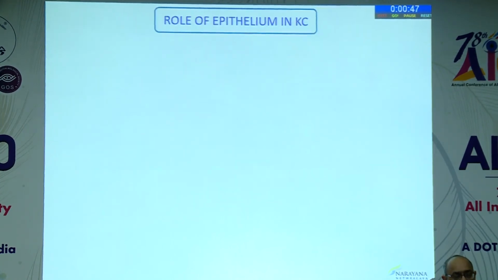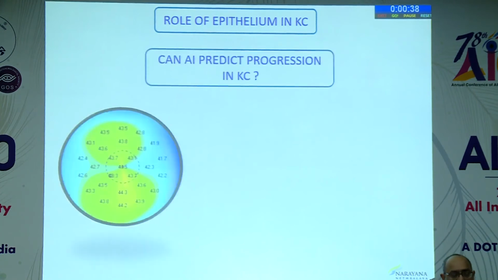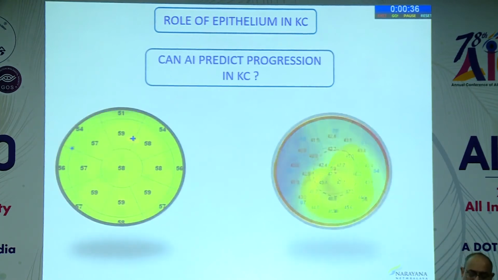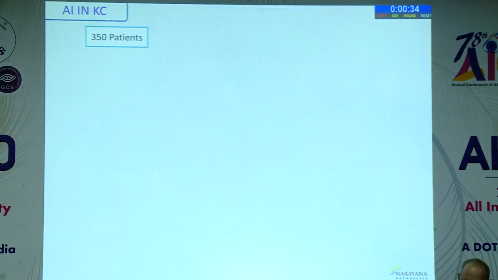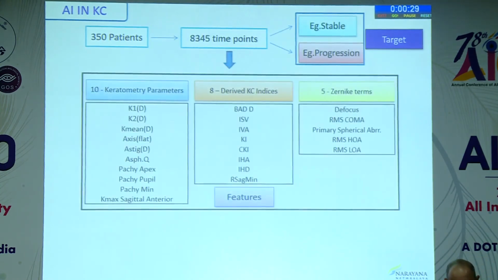So this is in fact early work. We have extrapolated this index to epithelium healing in keratoconic patients. We have started looking at the epithelium post cross-linking as well. We looked at 350 patients, and we have also looked at topographic parameters.